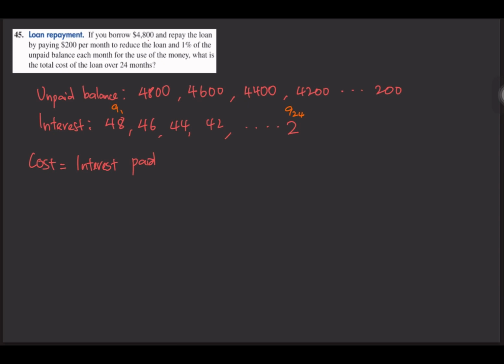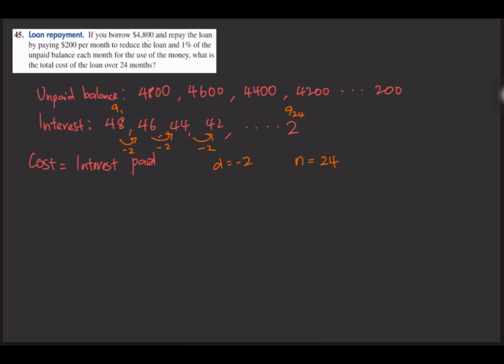Now, we know that our difference is negative 2, my bad. Each time we go down, we minus 2. Another thing we need to know is the number of terms: 24 months.